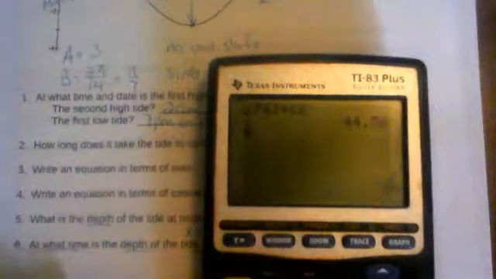So we get 44.58 minutes, or approximately 45 minutes. So this is 2 hours and 45 minutes after noon, or at 2:45 p.m. on March 19th. So to convert this back to time, just multiply your decimal times 60.